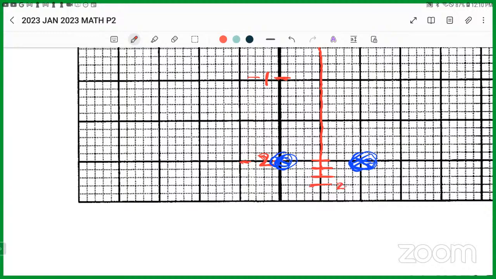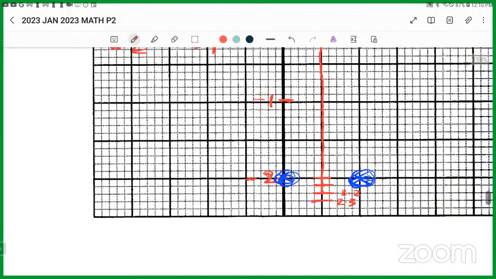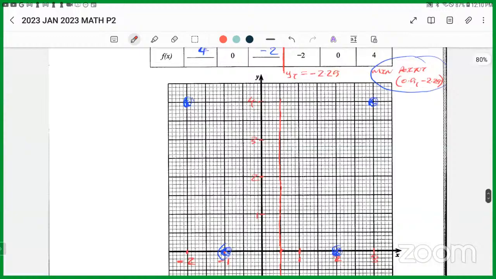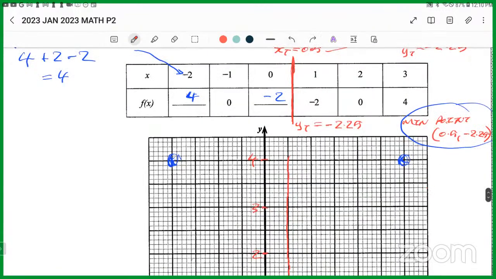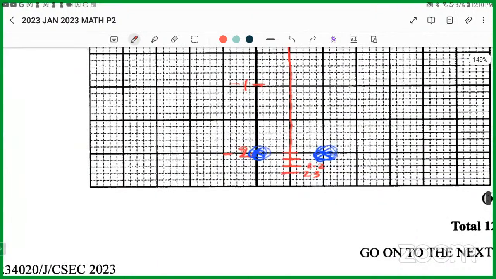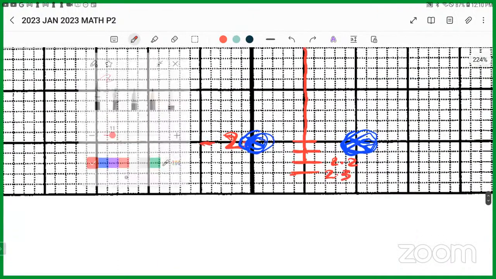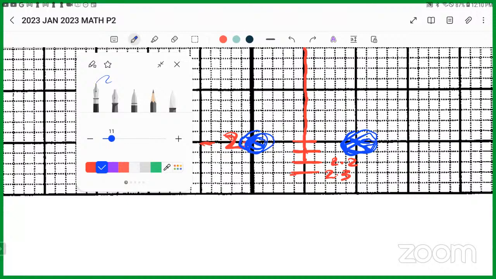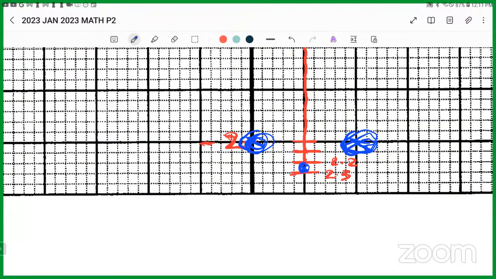We need -2.25. -2.25 is halfway between -2.2 and -2.3. So it means our turning point is right here, halfway between the -2.2 and the -2.3.